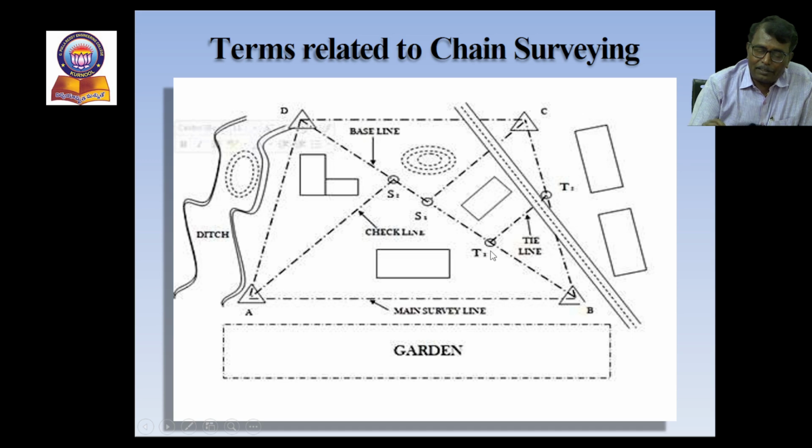For checking the accuracy of the work, a check line may be marked from the station to the baseline. Similarly, from C station to S2 is a check line. And because we are not taking angular measurements, by taking a tie line we can check the angularity between these two lines, which can be easily measured.